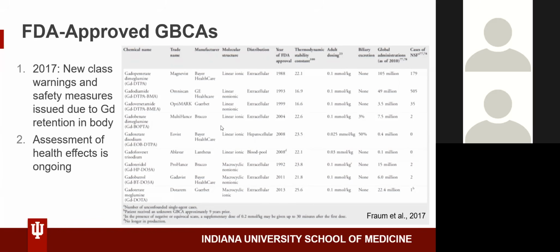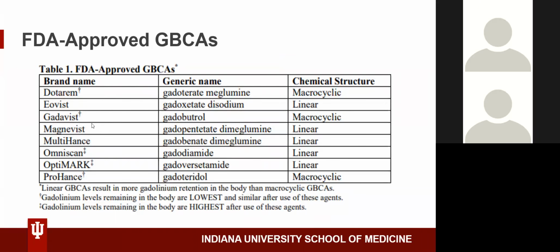And you can also see here, we talked about stability. This table breaks down what their molecular structures look like, so you can compare and see how those align with the stability constants. When the FDA issued that drug safety communication in 2017, they released this table.